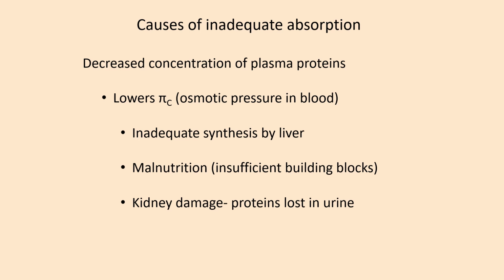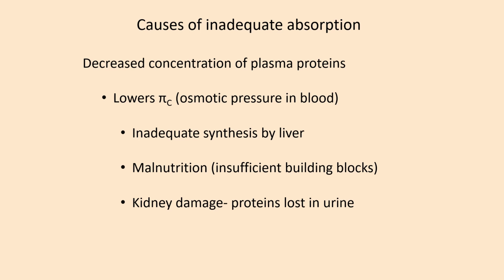And then a third cause of low plasma protein, you can think of it as leaking proteins out of the body at the kidney. We haven't covered the urinary system yet, but normally as blood is filtered by your kidney, proteins are left in the blood. Normally there are no proteins in urine, or very few proteins in urine.